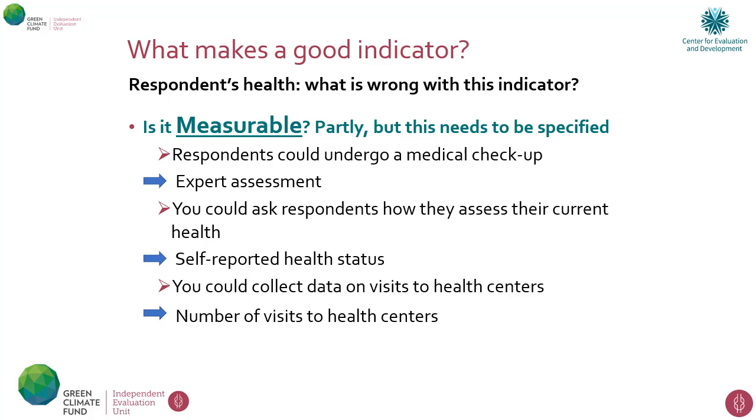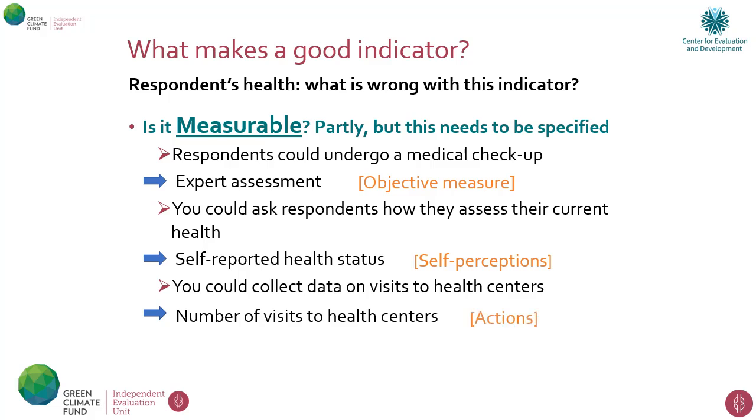Another possibility is to collect data on visits to health centers. In this case, your indicator will be the number of visits to health centers. And there are even more options. You can already see how these measures differ. The first example corresponds to an objective measure, while the second to self-perceptions. This means that this second measure may be subjective, as the assessment may differ across respondents with similar level of health.